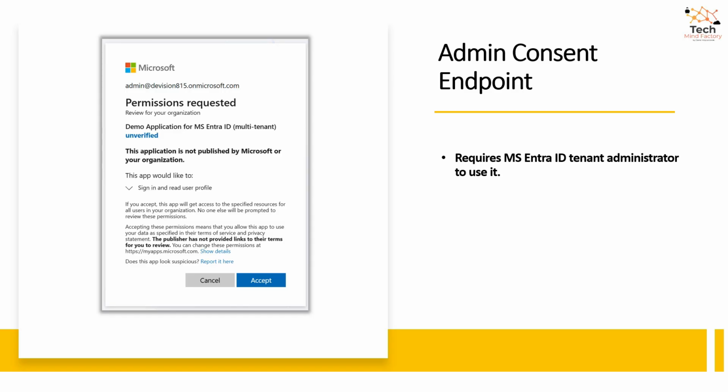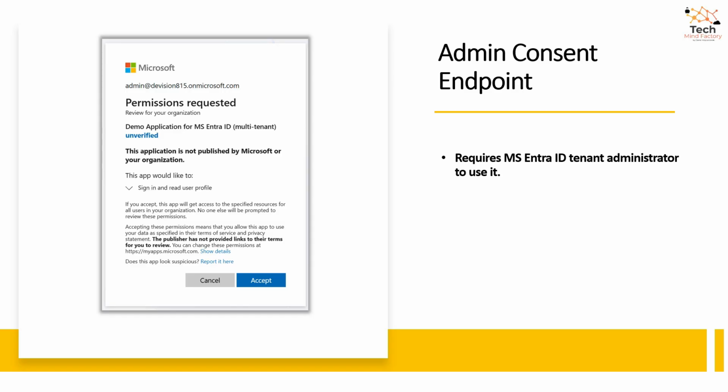Obviously this endpoint requires a Microsoft Entra ID tenant administrator to use it, right? It's a URL that the administrator can open in the browser, and then the permissions request or consent screen, as we can see on this slide, will be displayed.